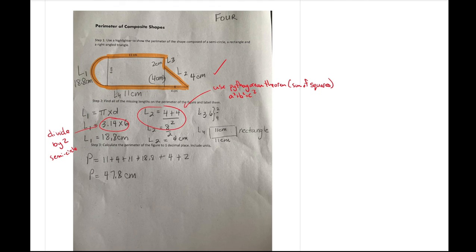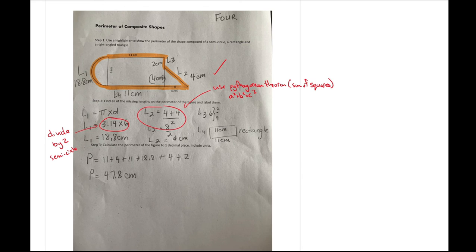When dealing with perimeter, remember it's the distance around the object, not through the object. And just make sure if you're dealing with half shapes that you are accounting for that when determining either the length or the circumference, depending on what shapes you're given.